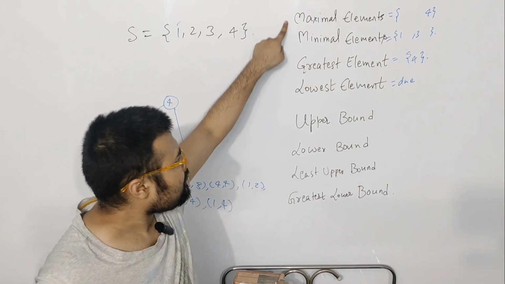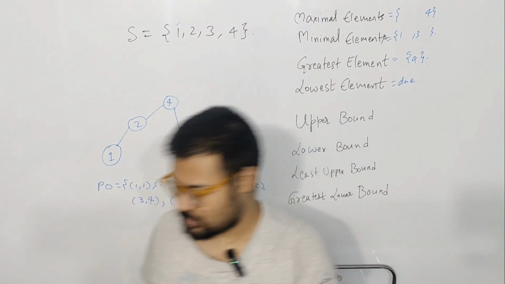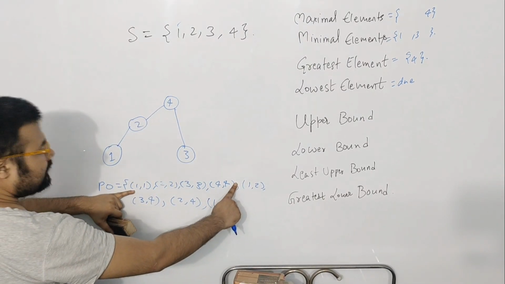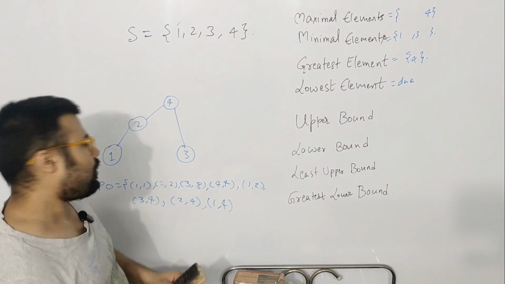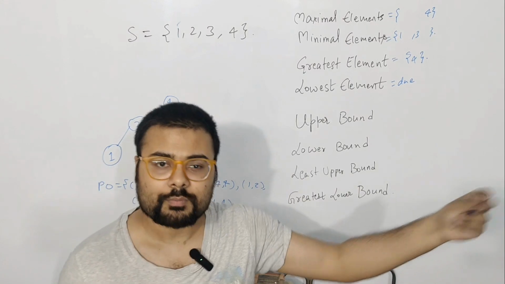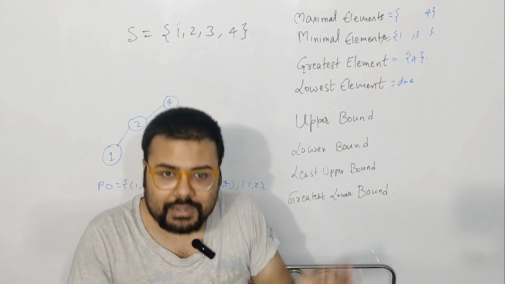So maximal and minimal elements have to be there in your partial order relation. As we have seen, if you have the smallest partial order relation, then all the elements are maximal and minimal, and as you add more and more ordered pairs, the number of minimal and maximal elements may decrease.